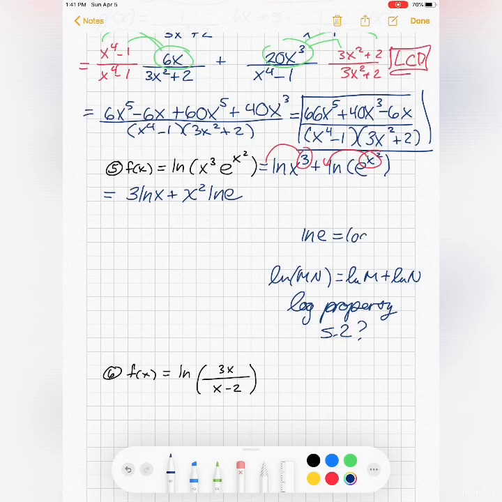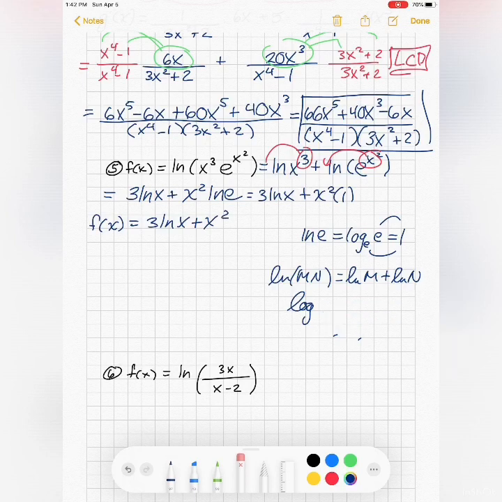Remember, ln of e is the same as log base e of e. So that's saying e to what power is e itself? The answer is 1, right? So actually this whole function then just turns into 3 ln of x plus x squared.